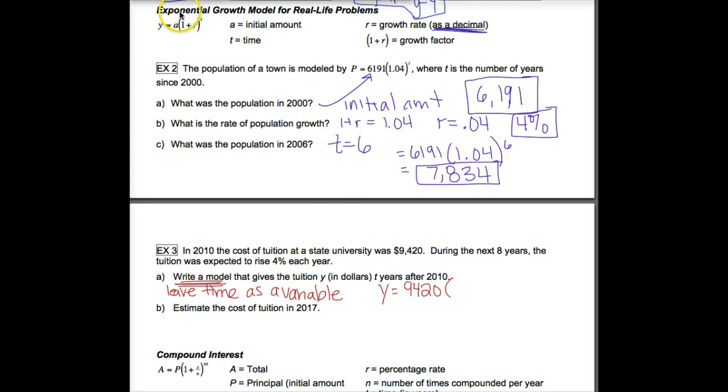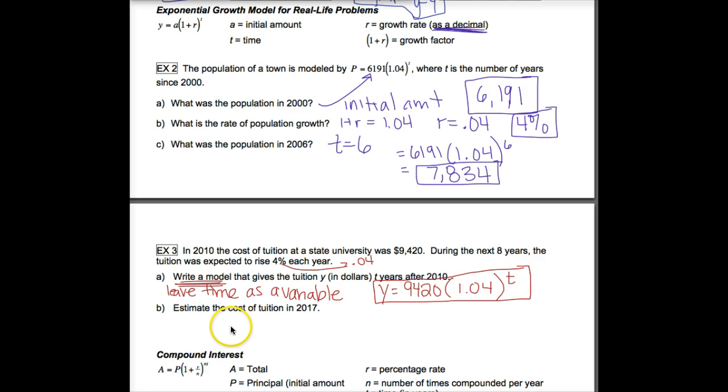Well, the next thing I need to put in is 1 plus R. So the growth rate, 4%, is 0.04. So 1 plus 0.04 is 1.04, just like it was in the last problem. Again, leave time as a variable. I know it says during the next 8 years, but when we write a model, we leave that time as a variable. So this is going to be our answer here.